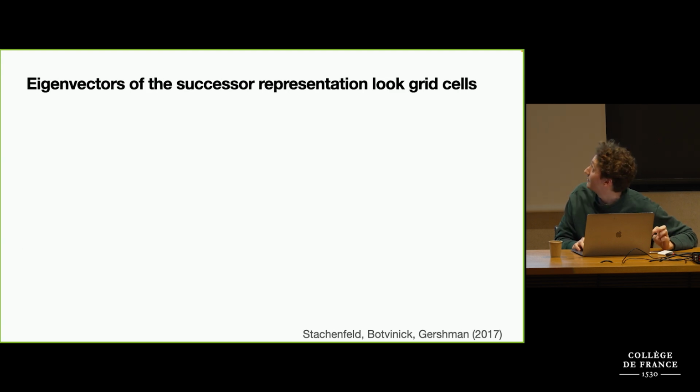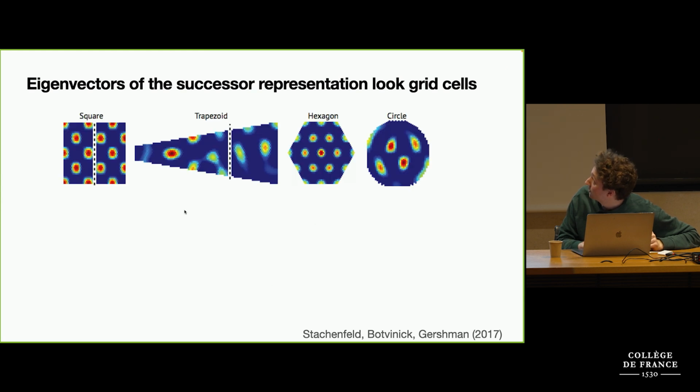It's also the case that if we take, for the people who remember maths from school, the eigenvector of this matrix, which is just an efficient representation of this matrix, it ends up really looking like grid cells. We get this sort of periodic firing in all sorts of different types of situations.